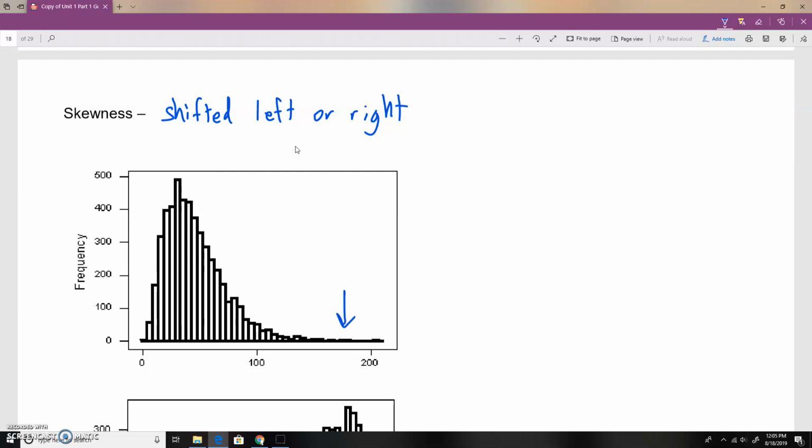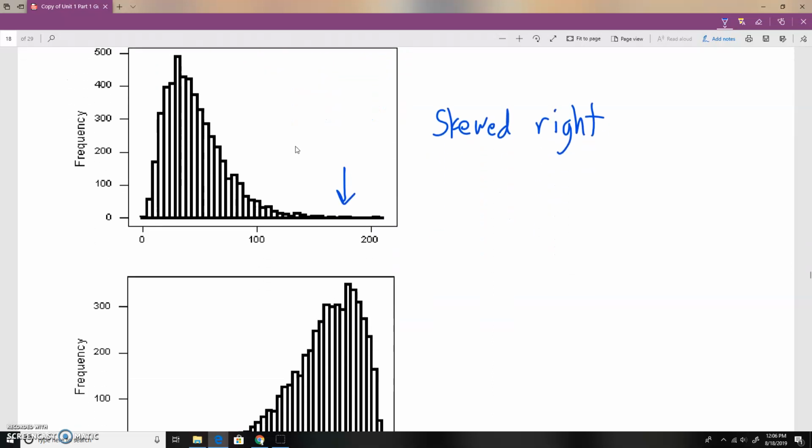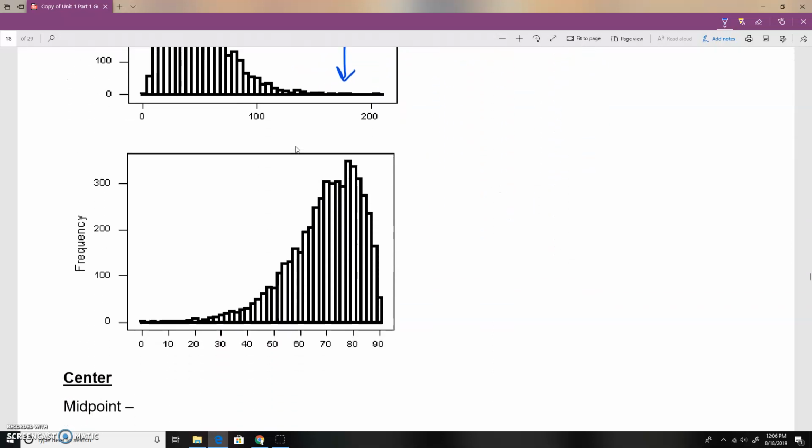You can see this tail here pulls off to the right, so we call that skewed right. In our second histogram, the tail pulls off to the left, so we call this one skewed left. And that's skewness.